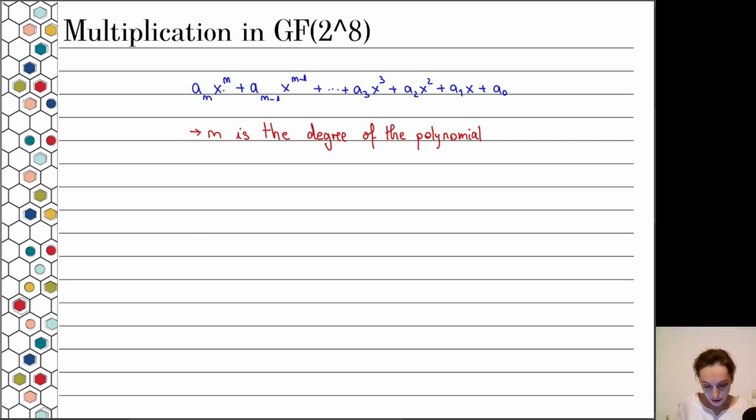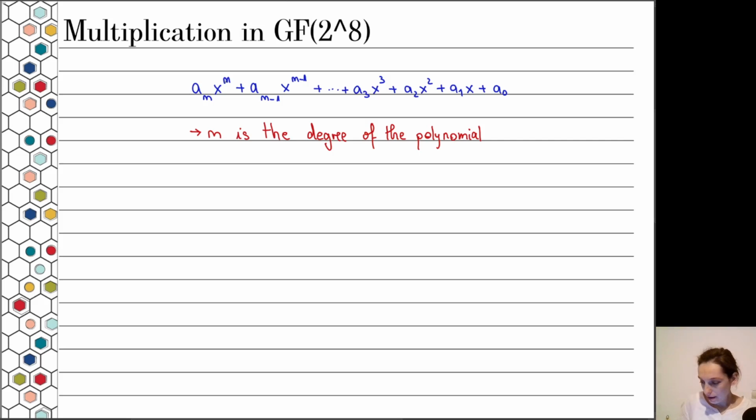In our case we have an, which is the coefficient of the variable x powered by n, and so on. And the degree of the polynomial is the power of the greatest power of the terms, as we already know.